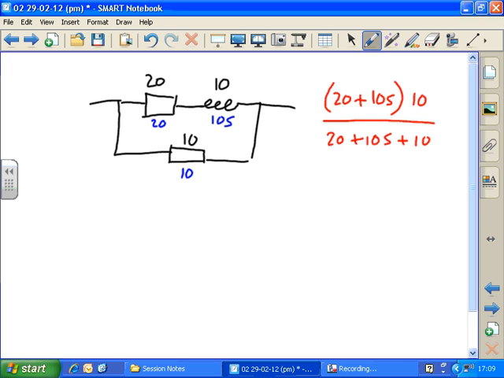What could we do with that algebraically? Expand the brackets. 20 times 10 is 200. 10 times 10s is 100s, over. Can I simplify the bottom? 30 plus 10s.